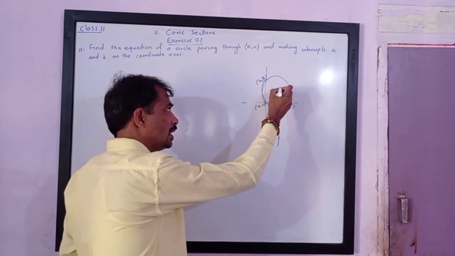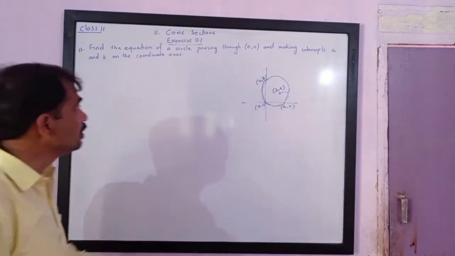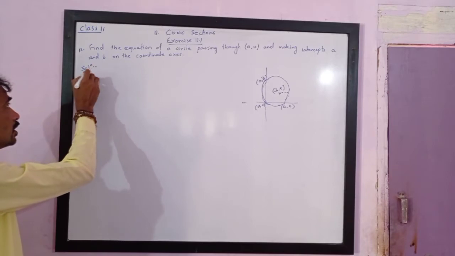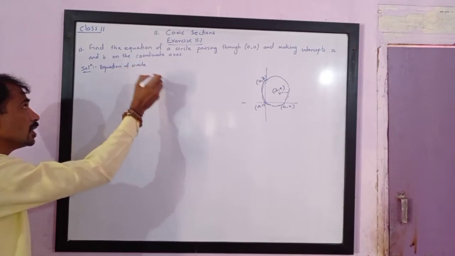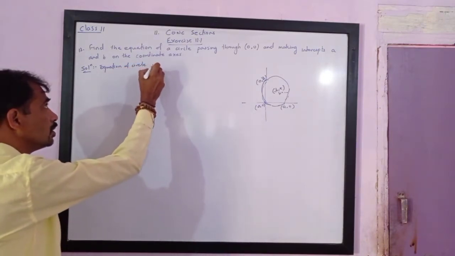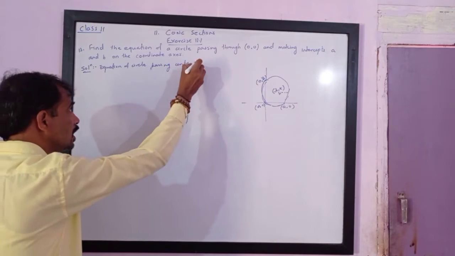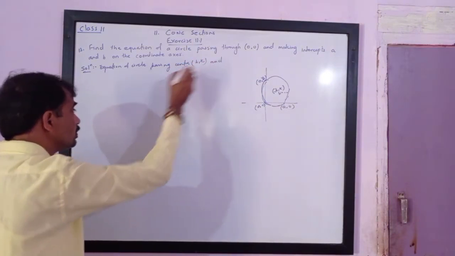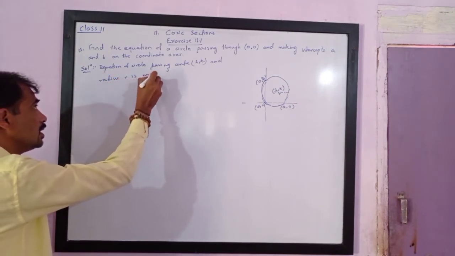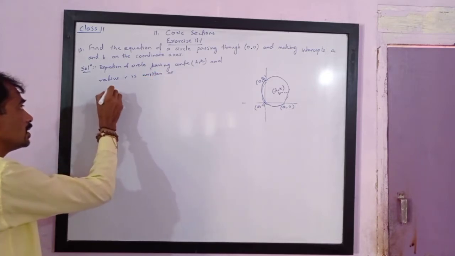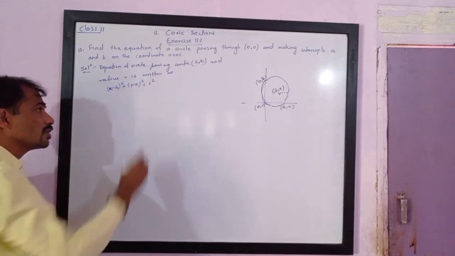If this is center (h, k), the equation of circle having center (h, k) and radius r is written as (x minus h) whole square plus (y minus k) whole square is equal to r square.